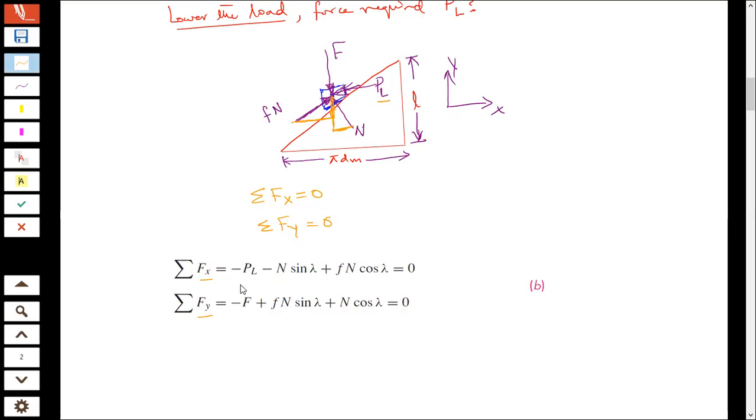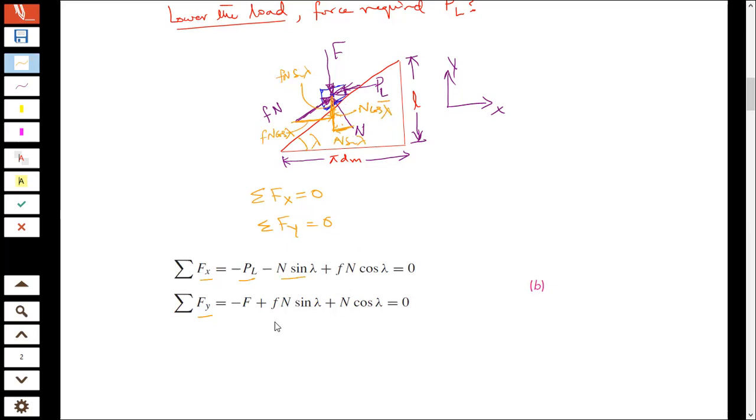I'll have minus PL minus N sine lambda, since this angle is lambda, and then plus the friction component, f N cos of lambda. The y equation has f N sine of lambda and N cos of lambda.